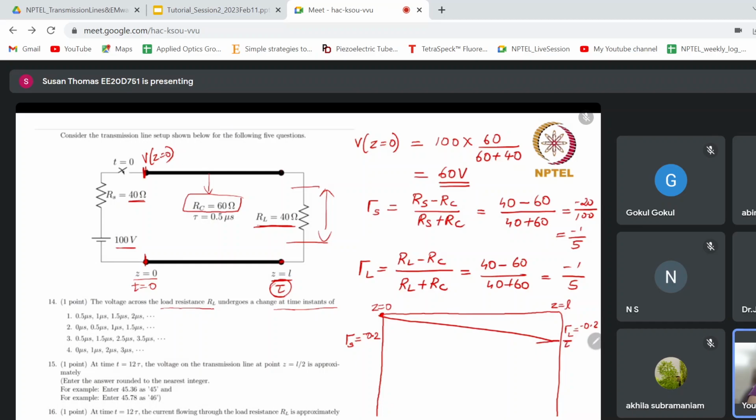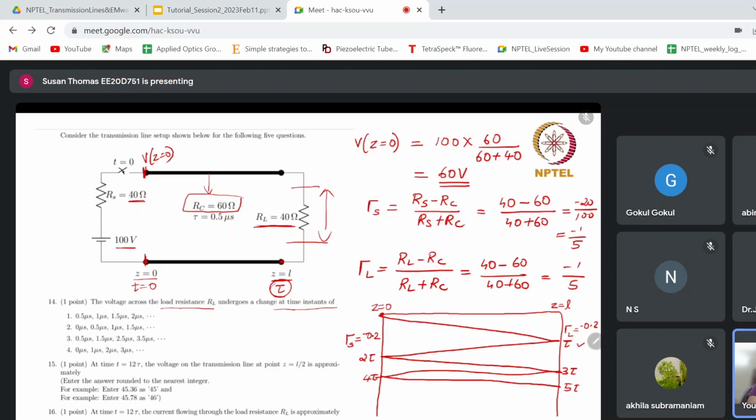The next is coming back at 2 tau. Again after reflection from here it goes back, this is 3 tau. Again at the load end there is a reflection going back, 4 tau. Again going back, 5 tau. So now you observe this: at the load end, when is the voltage going to change?